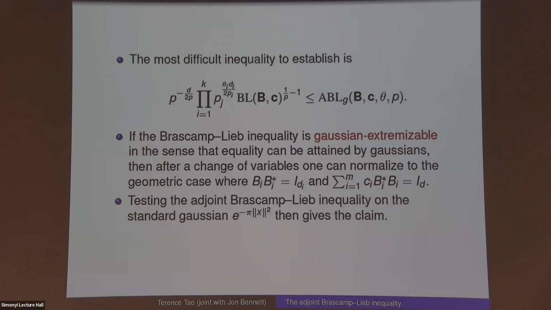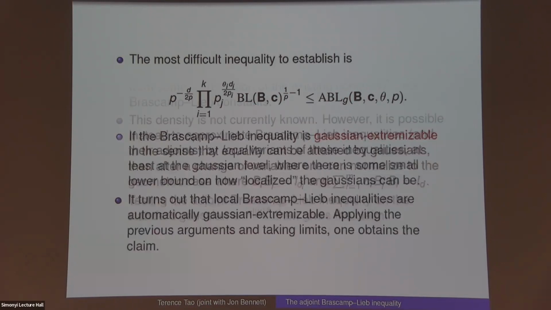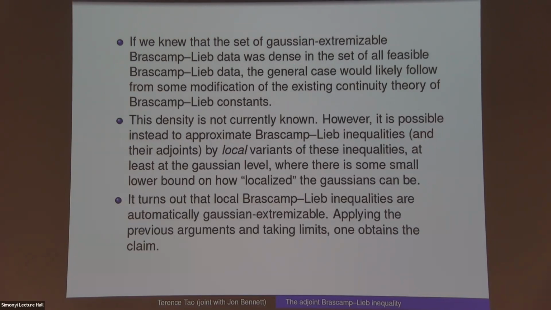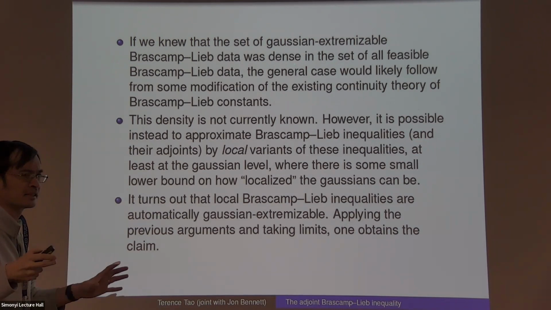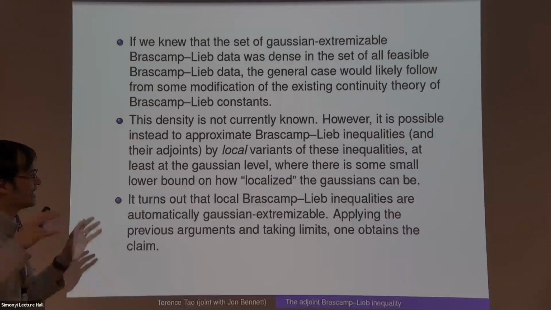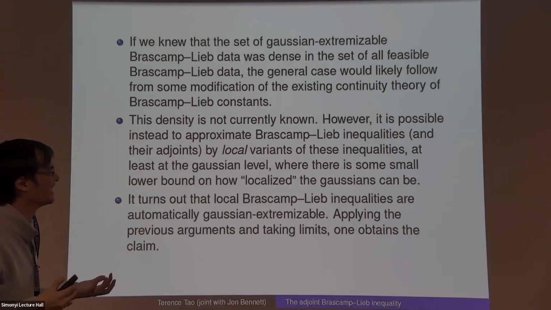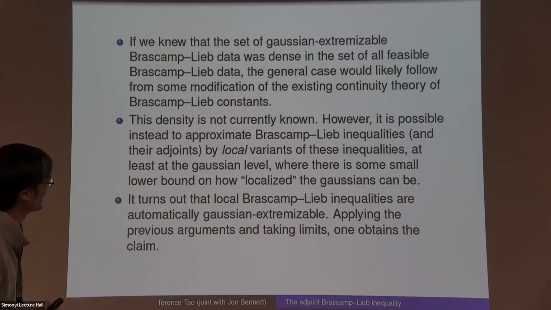Now, not all inequalities are Gaussian extremizable. I don't think that John and I have achieved consensus on this, but we think that the Gaussian extremizable data are sometimes dense, but it depends on what dense means in the space of all Brascamp-Lieb data.